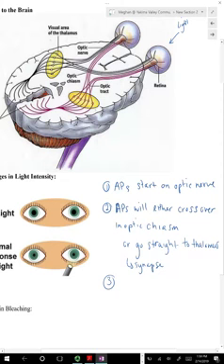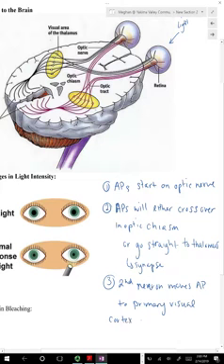And then from there, so that second neuron moves AP to primary visual cortex on the occipital lobe.